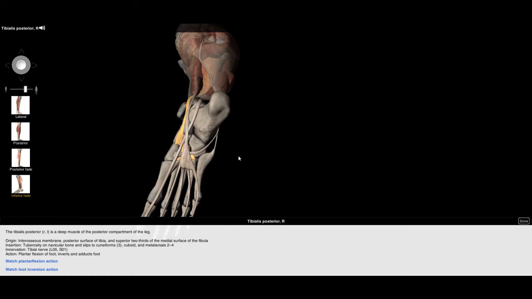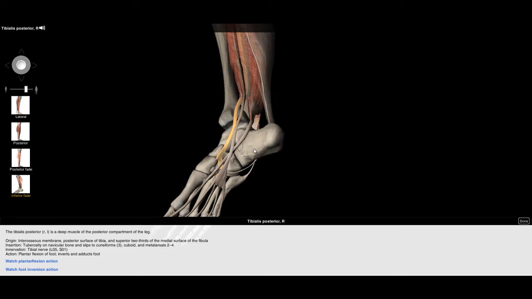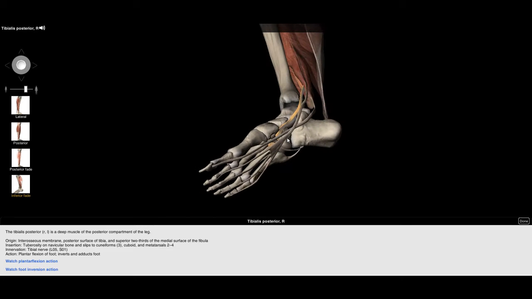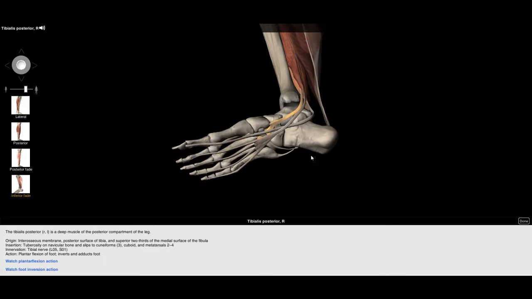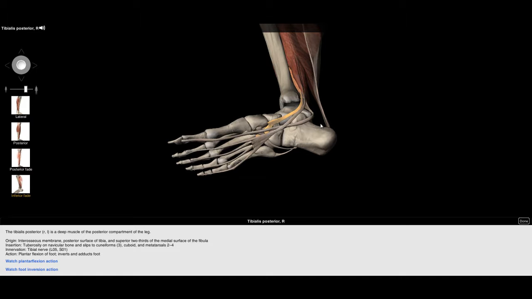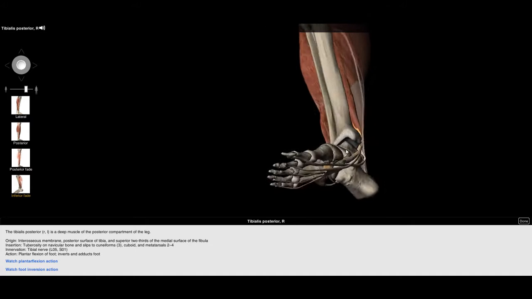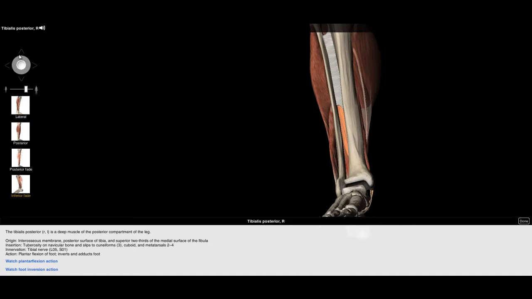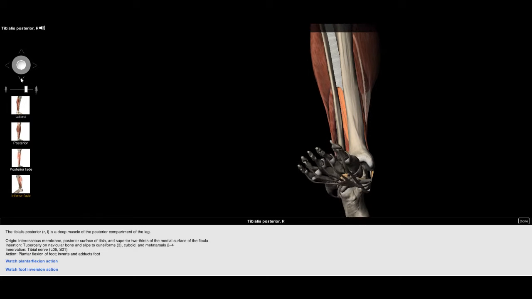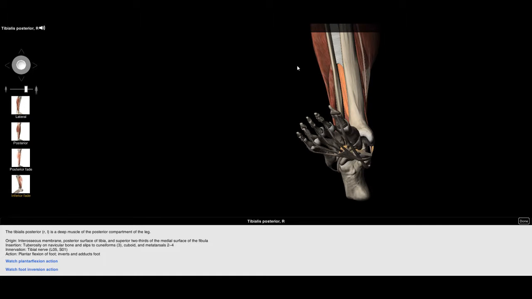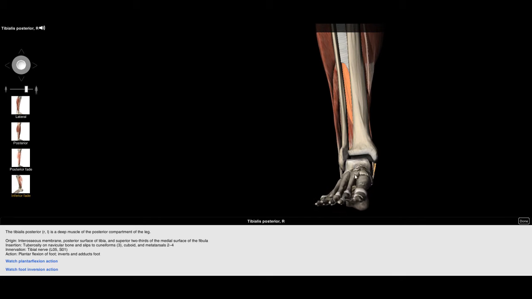It's innervated by the tibial nerve. Plantar flexion, inversion of the foot, and adduction of the foot. And adduction of the foot is bringing the toes, the foot, to the inside. It's a transverse plane motion.